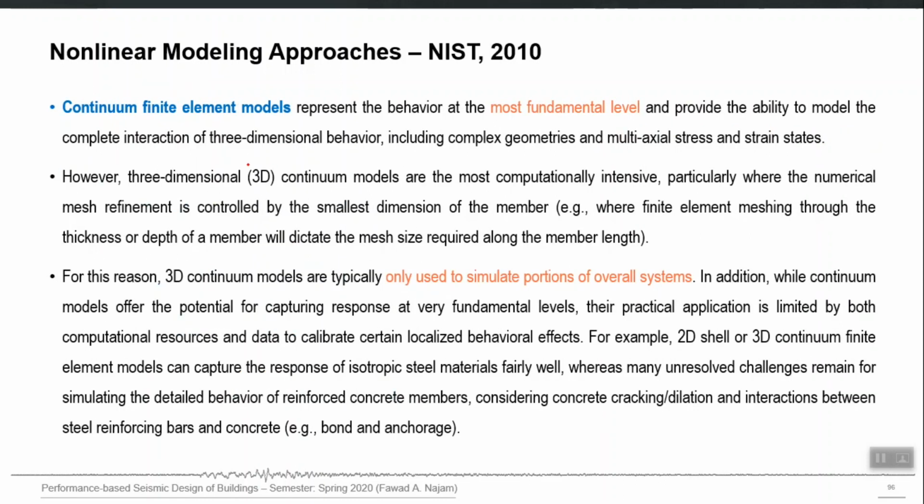And finally, the other extreme is continuum, where you represent the behavior at the most fundamental level, right? So you define it in a very discretized small manner. Some limitations of these continuum finite element models, they cannot be used in most practical cases. So we will have distributed plasticity or lumped plasticity approach.